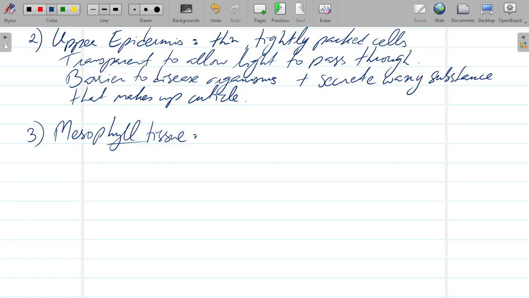And this obviously consists of the palisade and spongy mesophyll, the palisade coming first, and then the spongy. So the palisade cells are long and they contain a lot of chloroplasts.